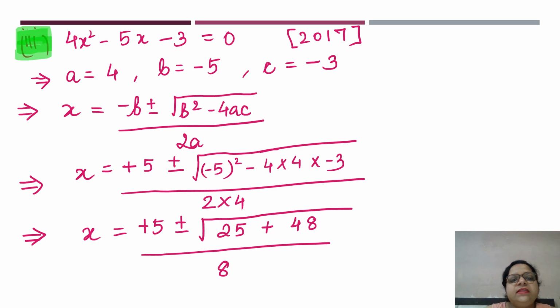Putting these values in the formula, x is equal to minus b plus minus under root of b square minus 4ac upon 2a, x is equal to plus 5 plus minus under root of minus 5 the whole square minus 4 into 4 into minus 3 upon 2 into 4. Therefore, x is equal to plus 5 plus minus under root of 25 plus 48 upon 8. Okay.